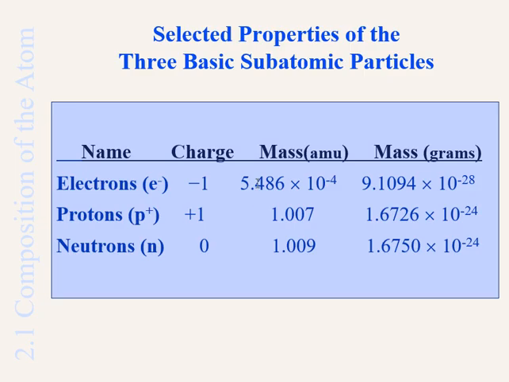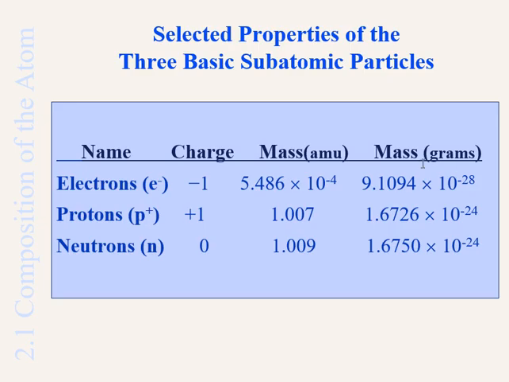On the other hand, the mass of an electron relatively is very low. The proton is about 1840 times more massive than the electron, and similarly the neutron is also as massive, about 1870 times more massive than the electron.